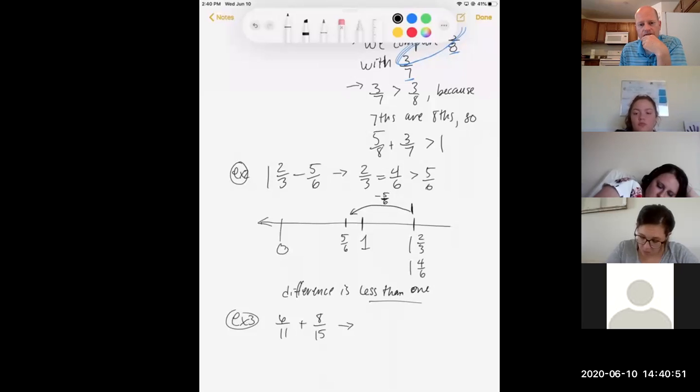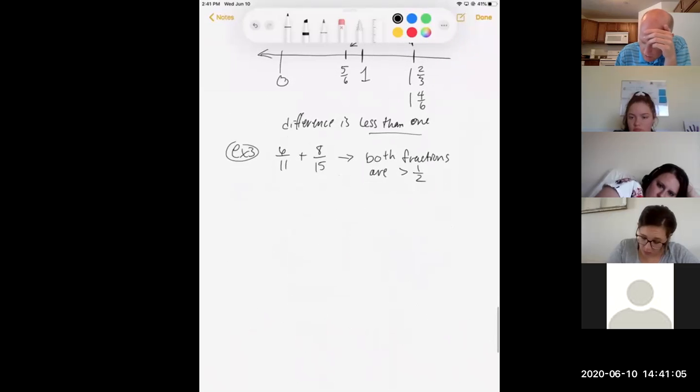You can look at the fractions and reason about their size. Both of these fractions are greater than 1/2, okay? Which means that their sum must be bigger than 1.